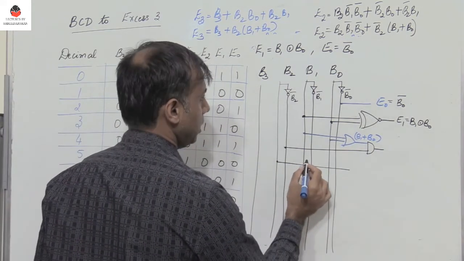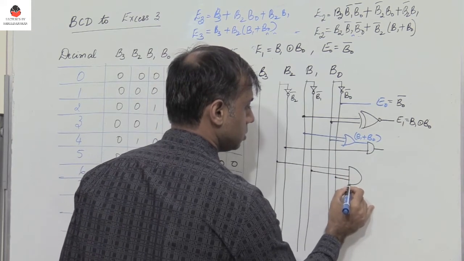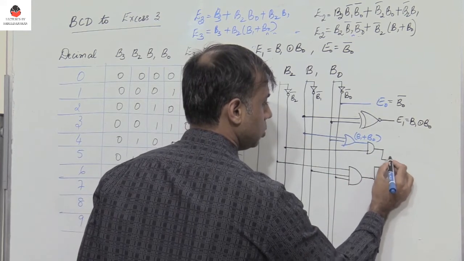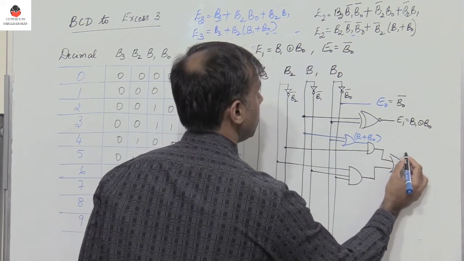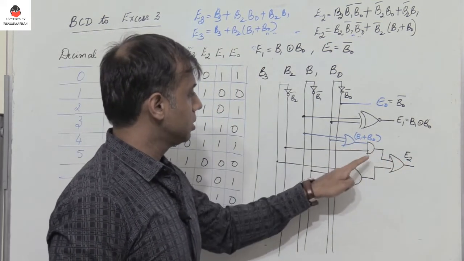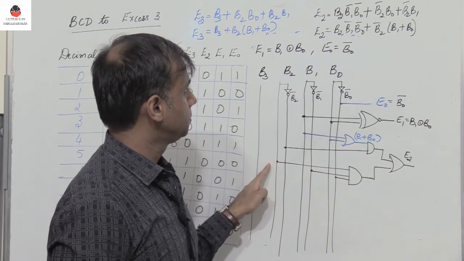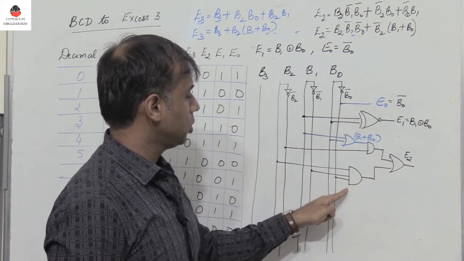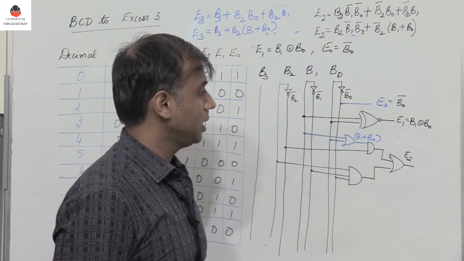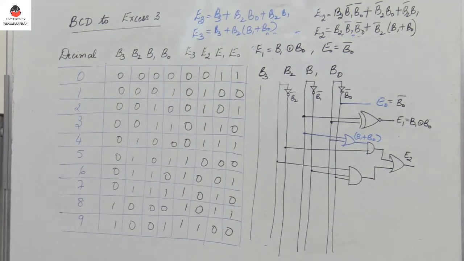B2 and then B1 bar, B0 bar, pass it through a 3 input AND gate, and then pass both of them through an OR gate. I would get E2. So this is B1 plus B0 and B2 bar, and here I have B2, B1 bar, B0 bar, pass all of them through an AND gate, and then finally through an OR gate to get E2.